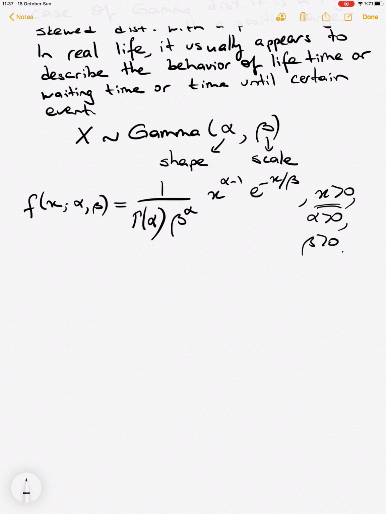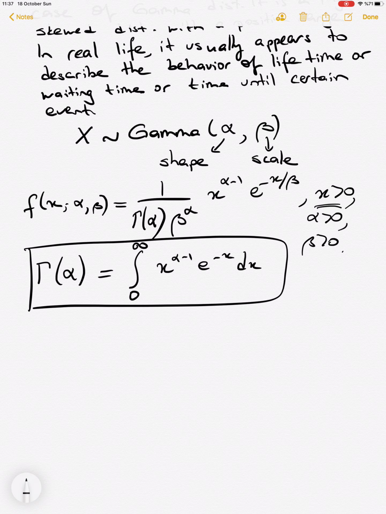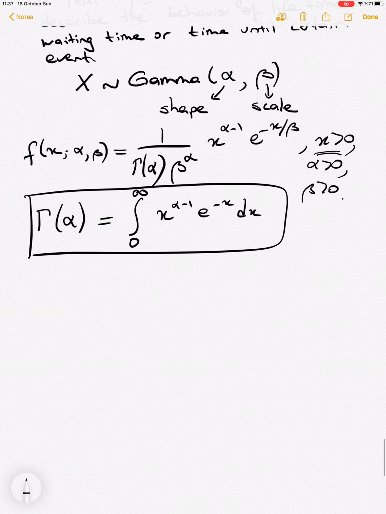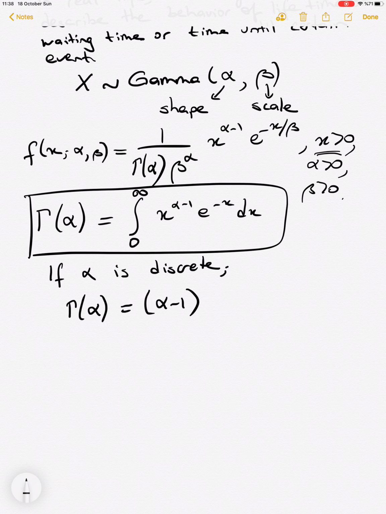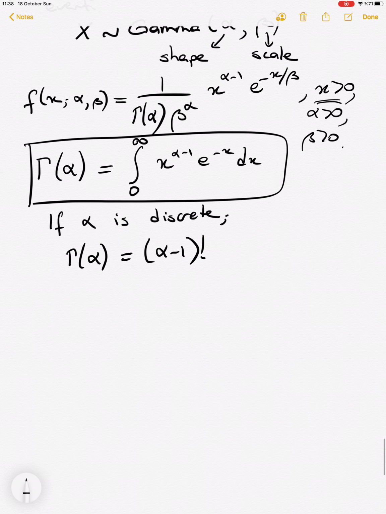You know the gamma function actually, I believe. It is the integral of x to the alpha minus 1 e to the minus x dx, and the range is from 0 to infinity. This is the mathematical form of the gamma function. If alpha is discrete, then gamma of alpha can be defined by alpha minus 1 factorial.